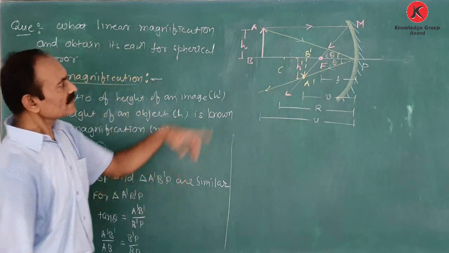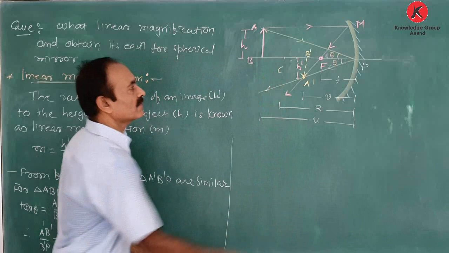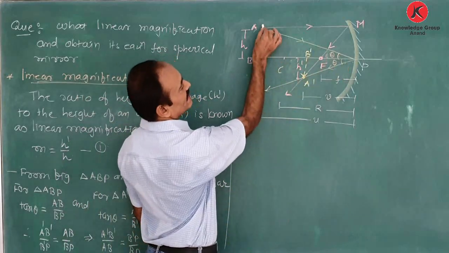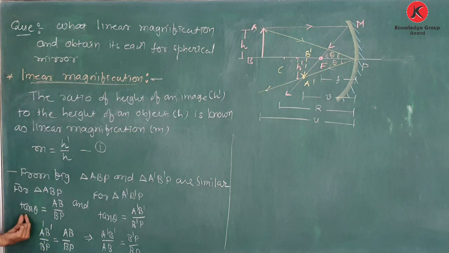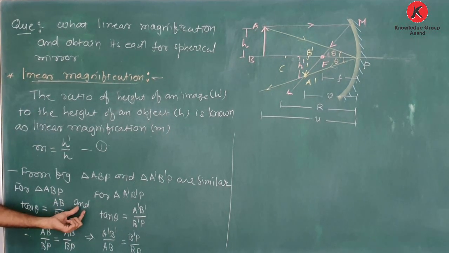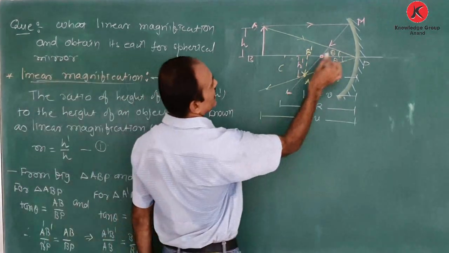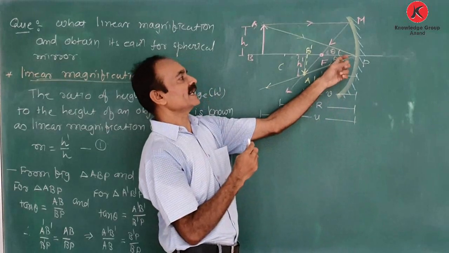Now, first for the right angle triangle ABP, what is tan theta? Tan theta is equal to AB upon BP. Here we write down tan theta is equal to AB upon BP. And now, for the second triangle A'B'P, this angle is theta.